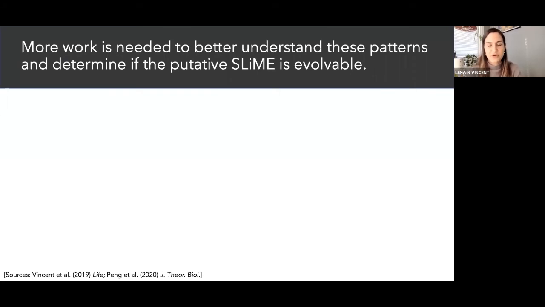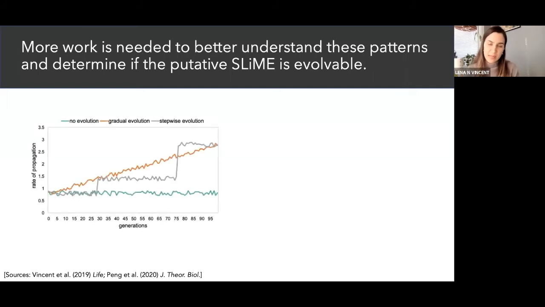So while the results I've shown you are interesting and consistent with the appearance of interacting autocatalytic cycles, much more work is needed to determine whether these are true slimes by our definition. To do this, we would really need to demonstrate evolvability. We plan on doing that by tracking these experiments for much longer, at least 100 generations, and carrying out more in-depth chemical characterization, which I'm going to get back to in a second.